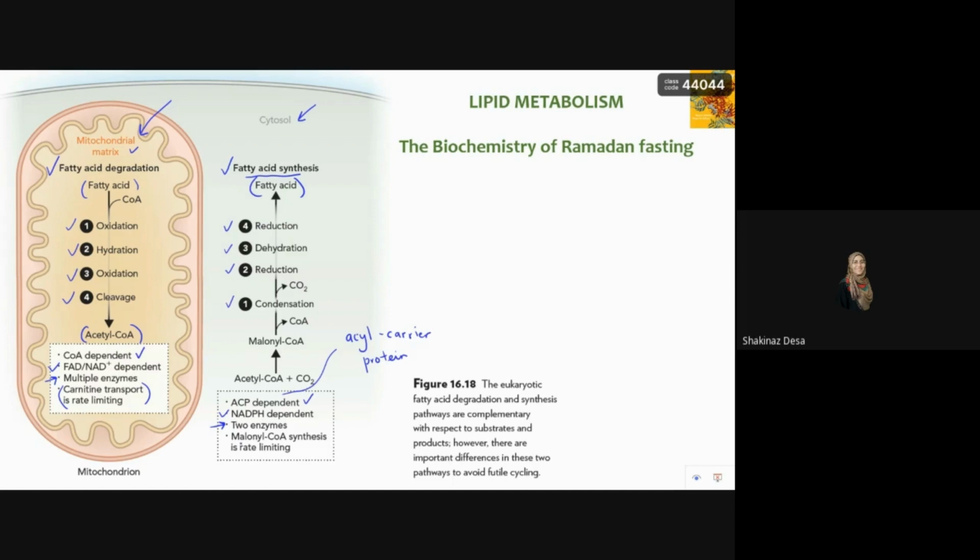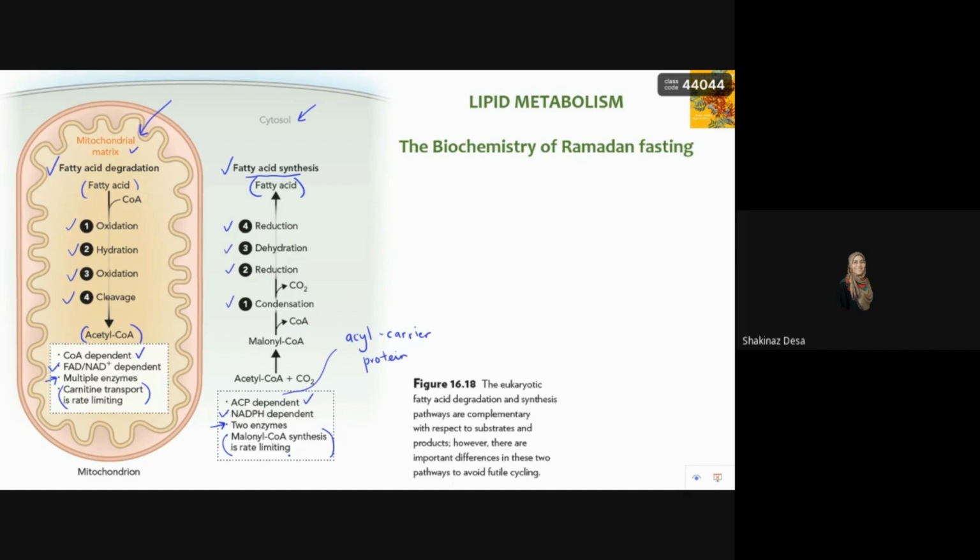Dia kawal lah. And as well, fatty acid synthesis also has a rate limiting component. In this case, the malonyl-CoA synthesis is the rate limiting. When malonyl-CoA is synthesized, that will be a trigger for the production of fatty acid.